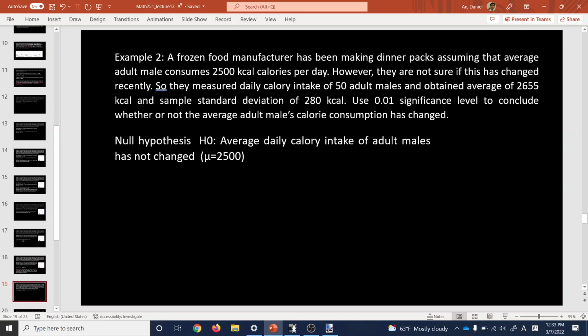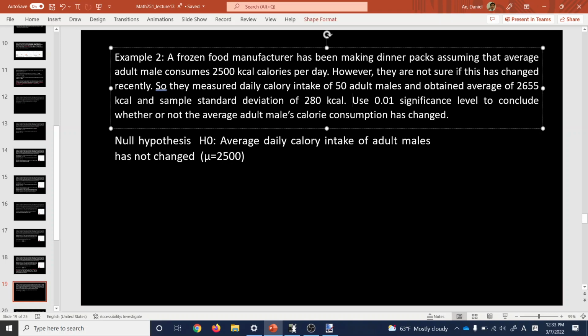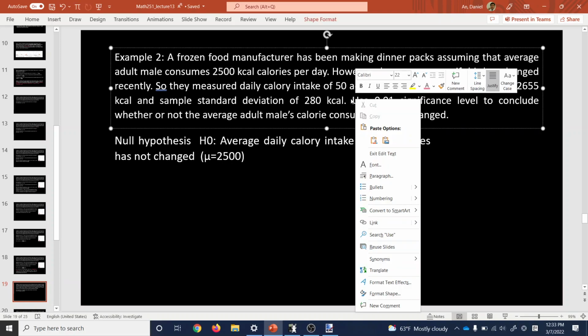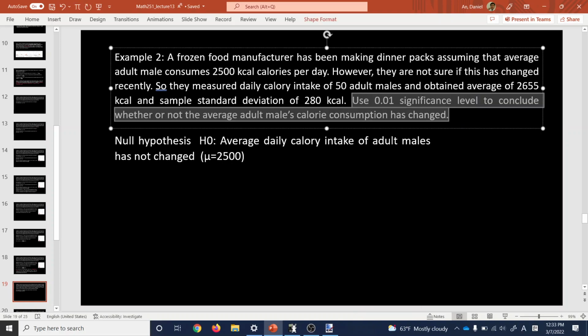Remember, the null hypothesis is always something equal to something. And usually it's in the last sentence. Look at the last sentence, and what is it saying? It's trying to test whether there was a change in the adult male calorie consumption. So calorie consumption is the quantity that you're trying to figure out.